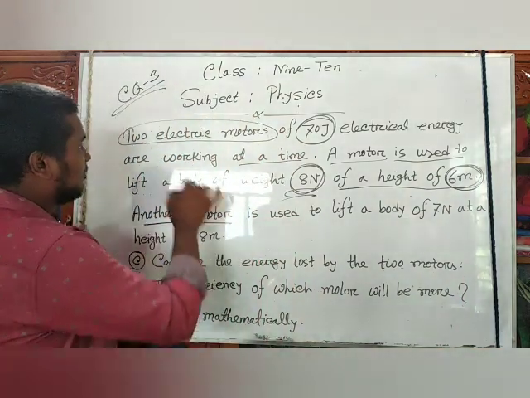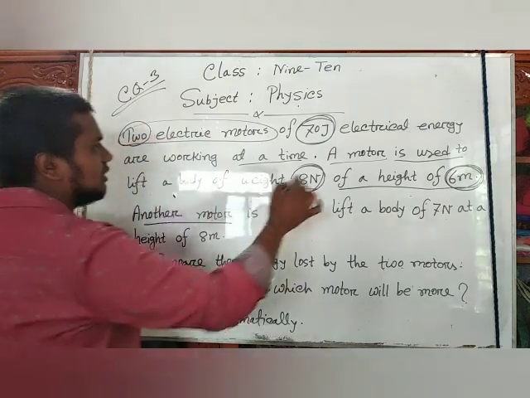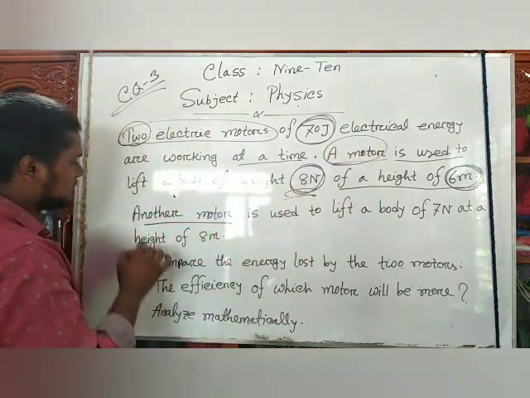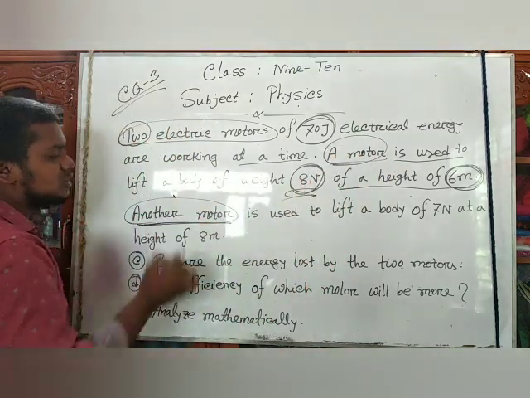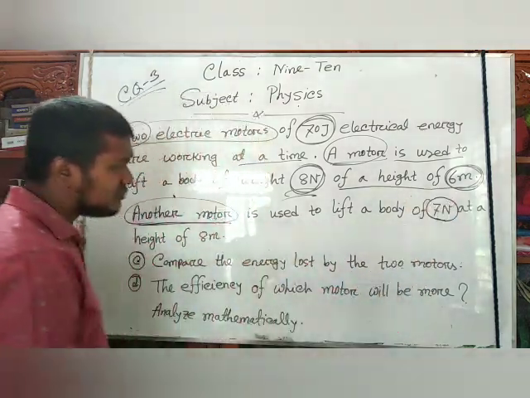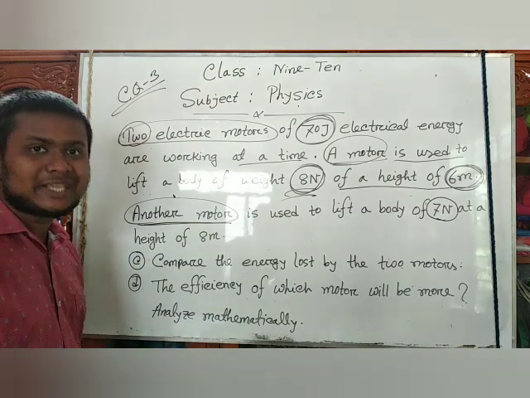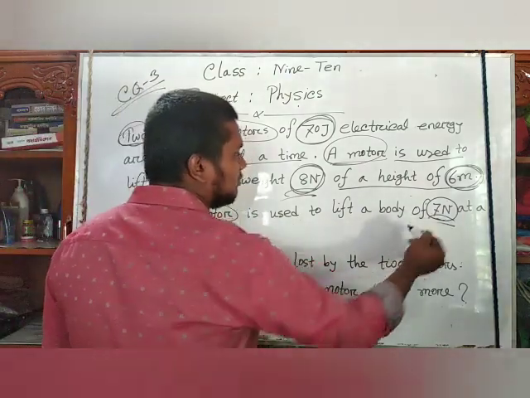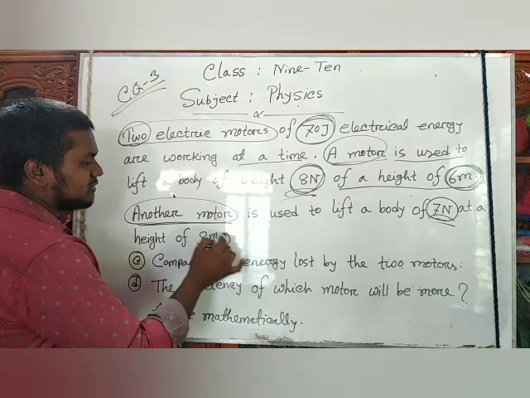Another motor, that means we see two motors. Here is the first motor and here you see the second motor, which is used to lift a body of 7 Newton. That means the weight of the second body is 7 Newton and the height is 8 meter.